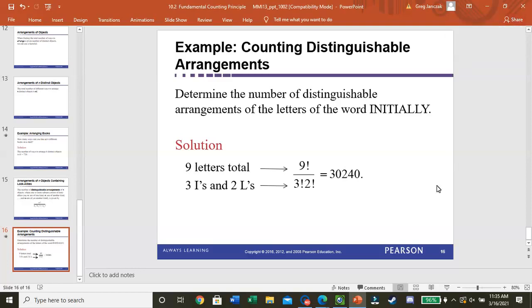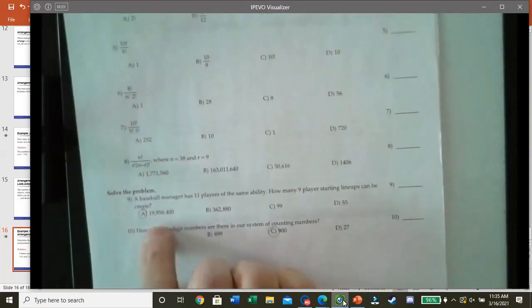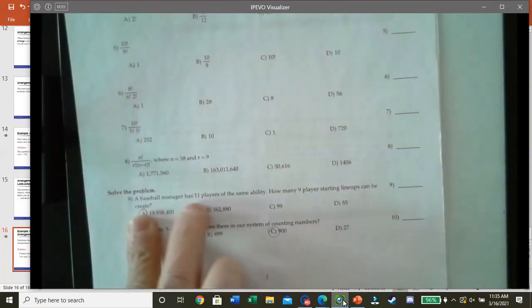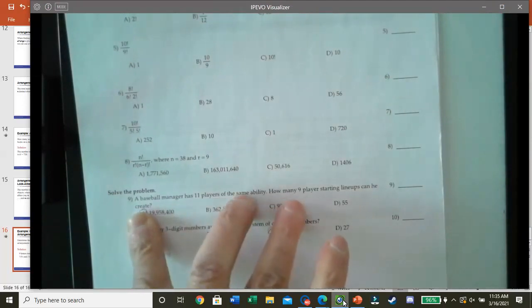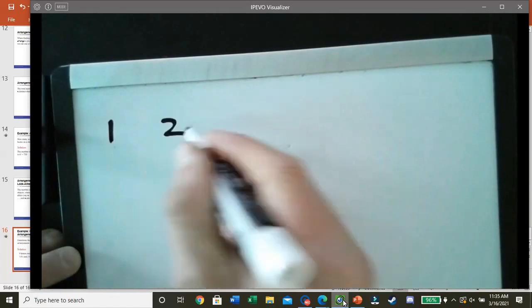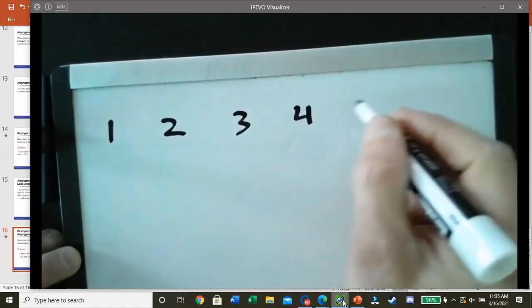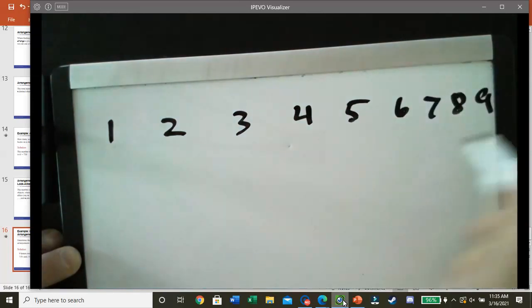So on the homework, problem 9, you've got a baseball manager who has 11 players of the same ability. How many 9-player starting lineups can he create? So you would have position 1, position 2, position 3, position 4, position 5, 6, 7, 8, and 9, right?